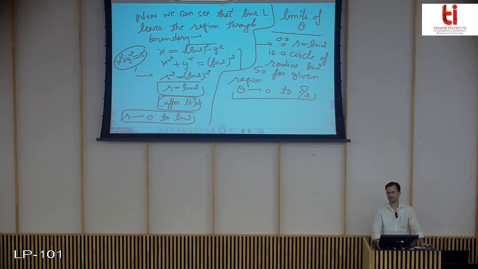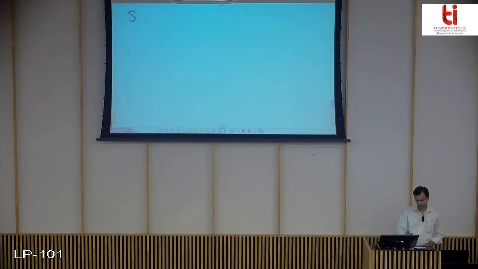The only thing we need here is the limits of integration in polar, and to change the integrand f(x,y) dx dy into polar. So finally, I becomes the integral of e raised to power r times r dr d theta, where r varies from 0 to ln2 and theta varies from 0 to pi by 2.